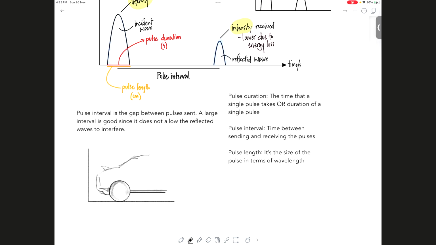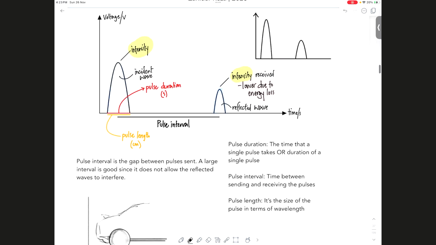If you know the speed of the wave and multiply with the pulse duration, you'll find the length of it. We'll find it for the same one. But the pulse length label here is not appropriate because the x-axis is not distance, right? So that's why.